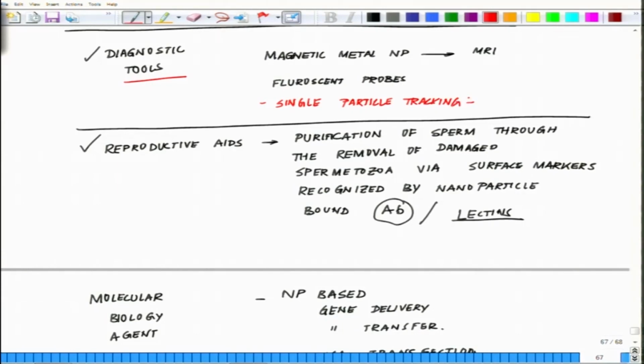Then you have a lot of reproductive aids, purification of sperm through the removal of damaged spermatozoa via a surface marker recognized by a nanoparticle.